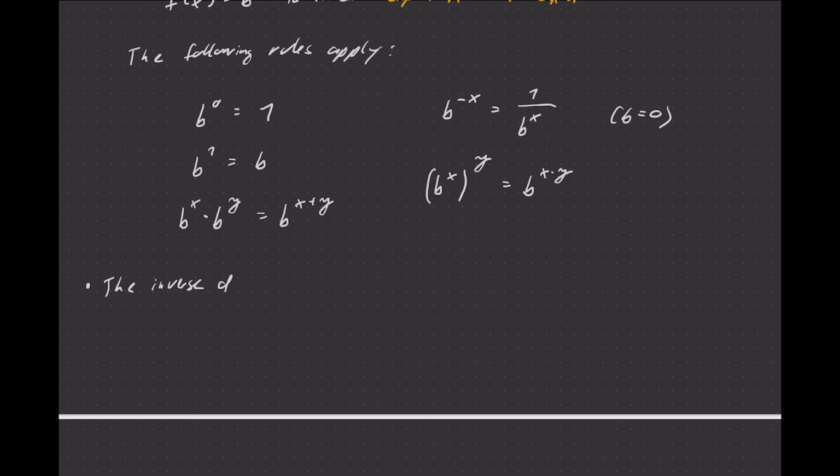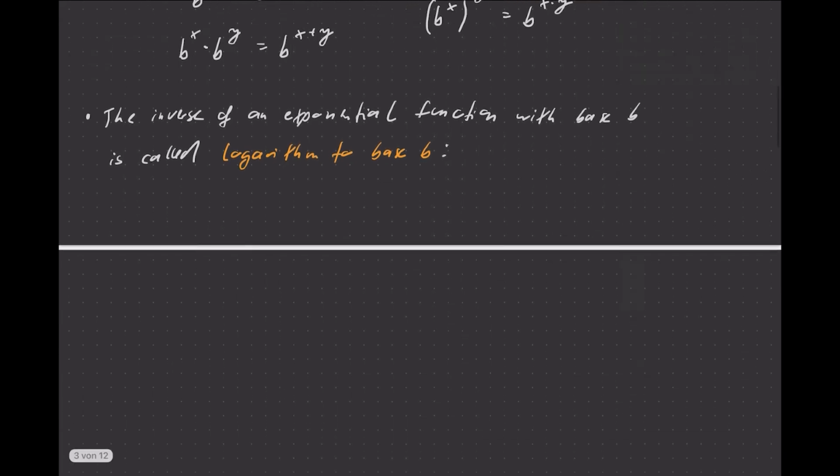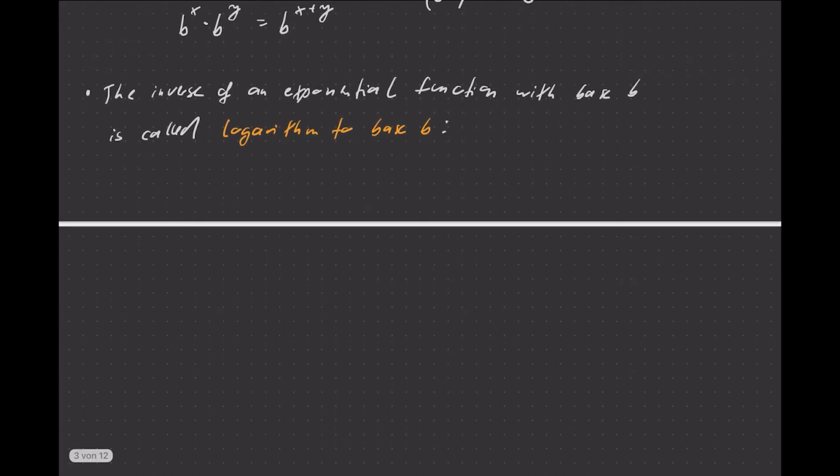The inverse of an exponential function with base b is called the logarithm to base b. And again, a few rules apply.